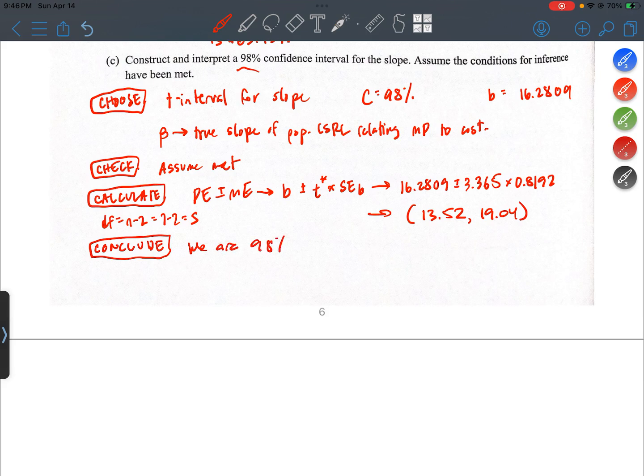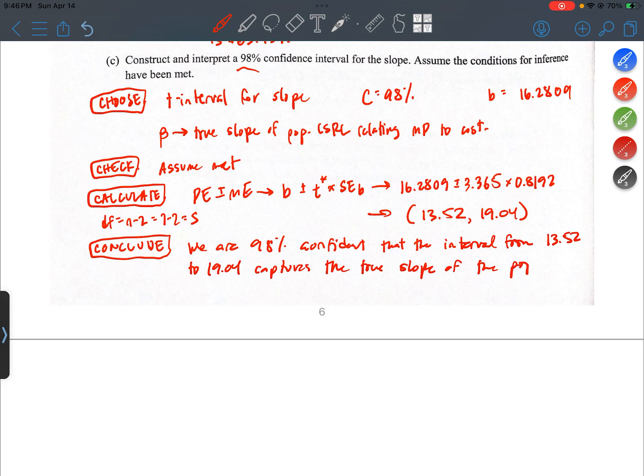We are 98% confident that the interval from 13.52 to 19.04 captures the true slope of the population least squares regression line relating megapixels to cost. Okay, so that's kind of like the generic interpretation.